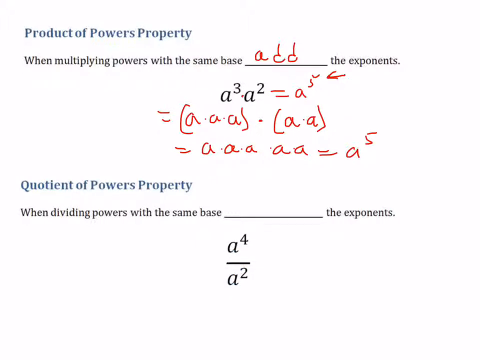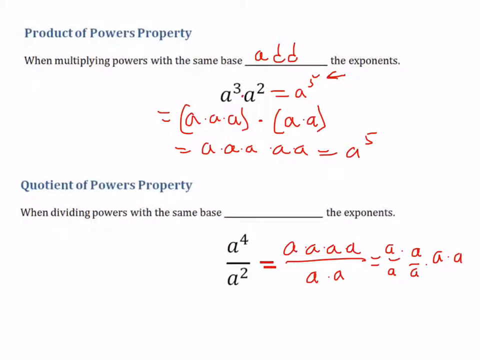Okay? Well, let's ask ourselves the big question. What does this mean? This is a times a times a times a all over a squared, which is a times a. Well, we could rearrange this a little bit. This is like a times a, and let's kind of put this under here.